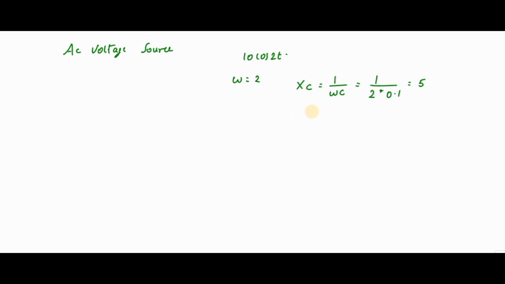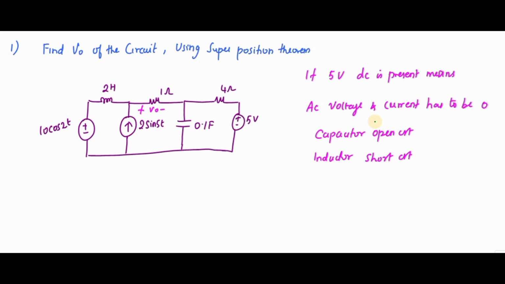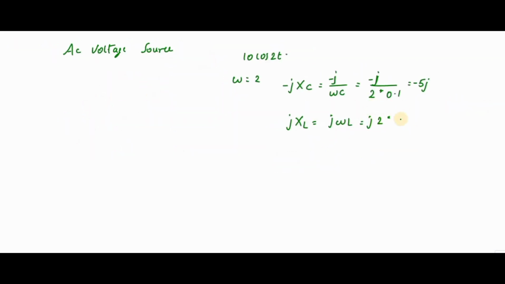And what is XL? The capacitor is written as minus jXC, and the inductor is jXL, so j omega L. Omega is 2 and L is 2, so it is 4j.